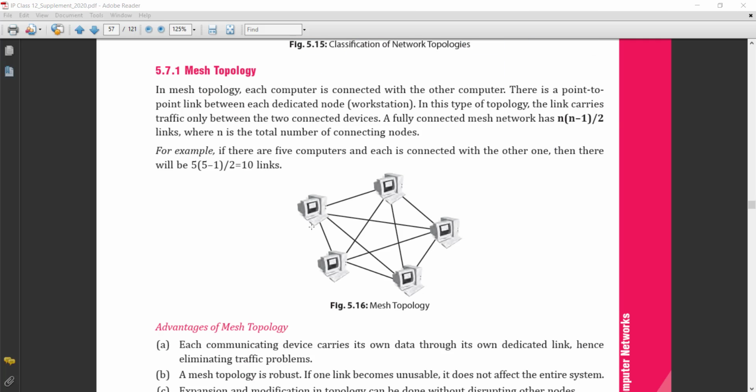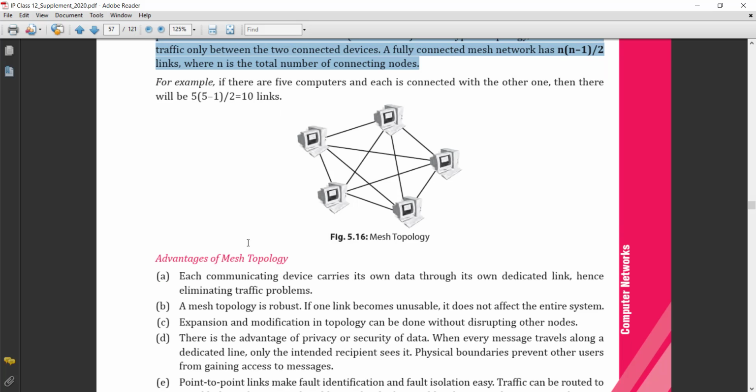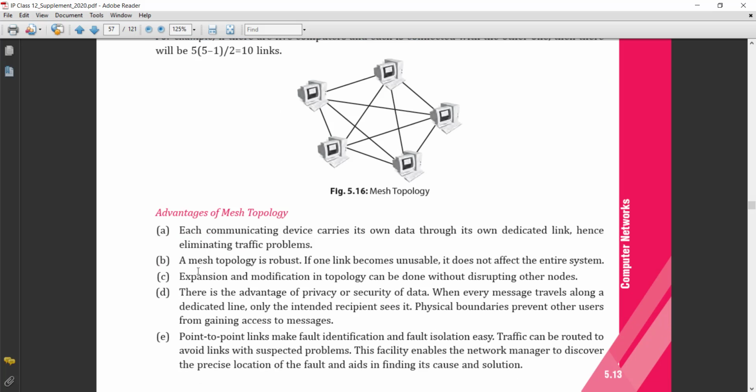So this is called the mesh topology. Note down the definition, only the highlighted text, and also draw this figure of mesh topology. Now we understand the advantages of mesh topology.